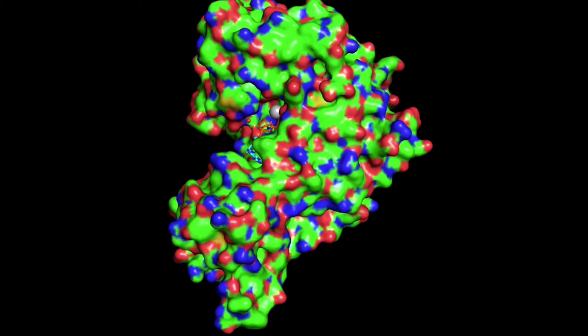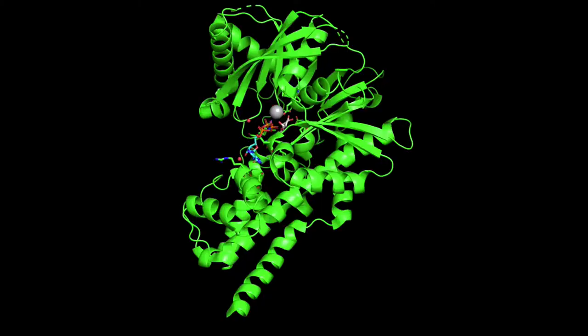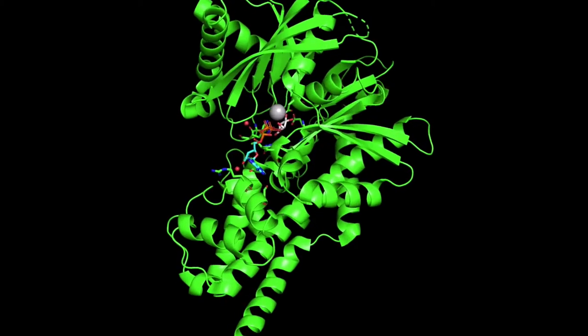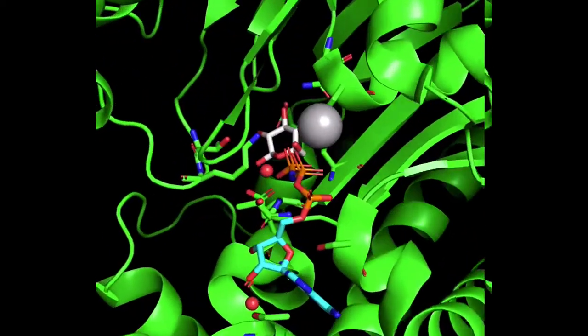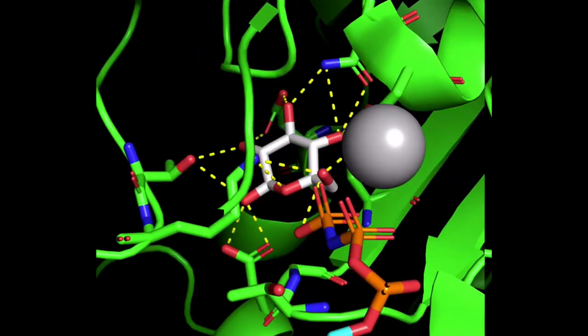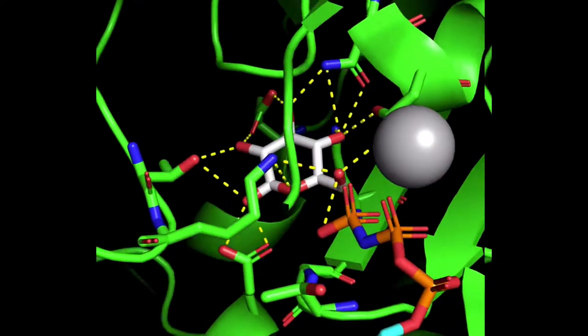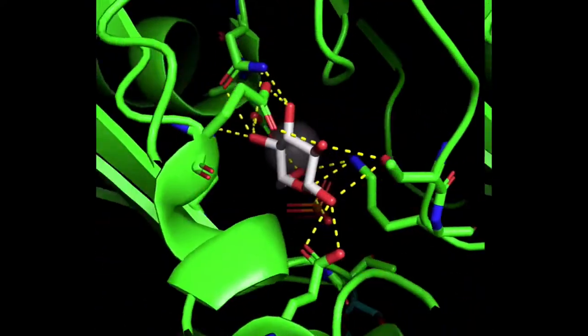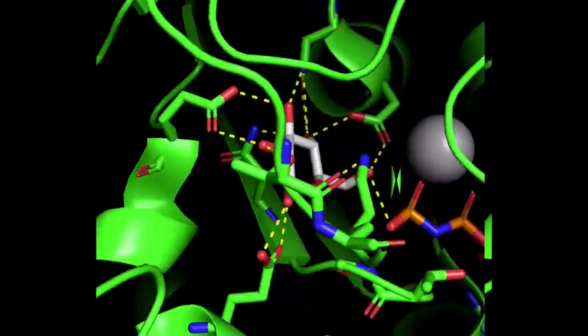Let's look at the active site of glucokinase now and see where the chemical reaction magic happens. In this crystal structure, there's a molecule of glucose bound. The OH groups on glucose are interacting with nearby amino acid residues in hydrogen bonds. I've shown the important active site residues as green sticks and the hydrogen bonds as yellow dashes.